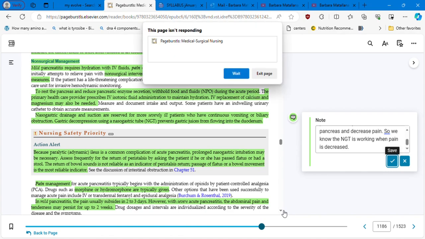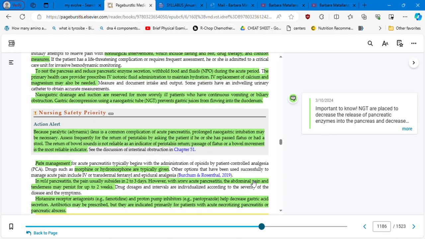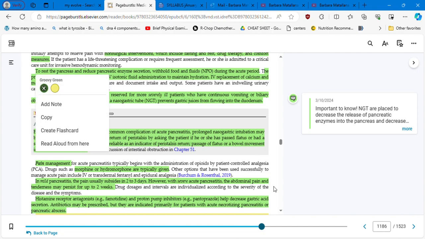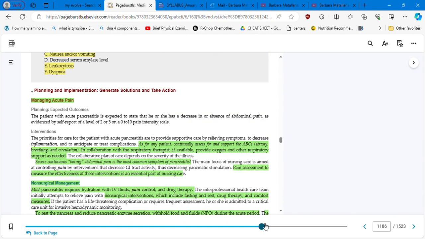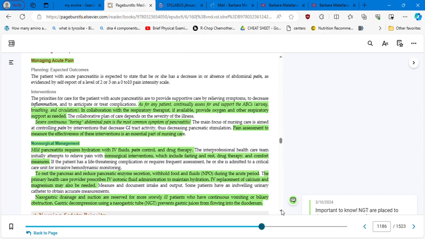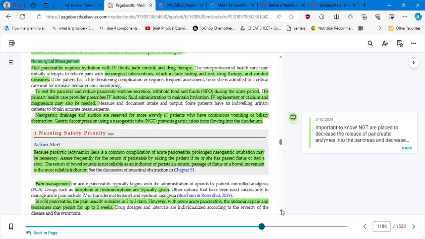Assess frequently for the return of peristalsis by asking the patient if he or she has passed flatus, right? That's one way to assess. Or had a stool. The return of bowel sounds is not reliable as an indicator of peristalsis return.